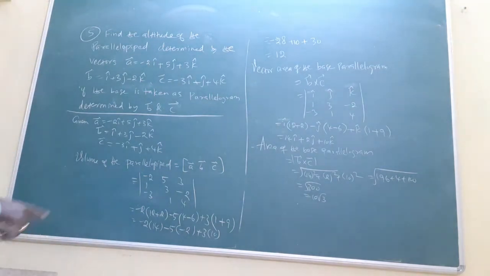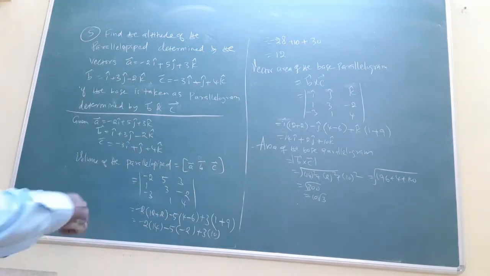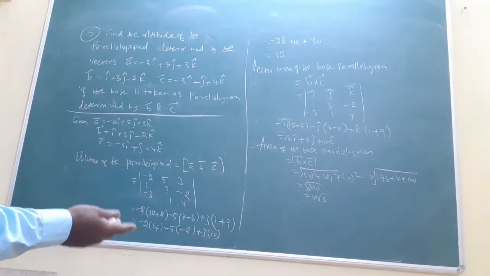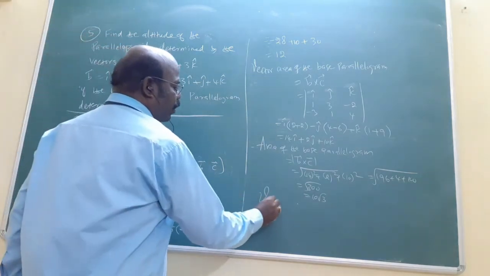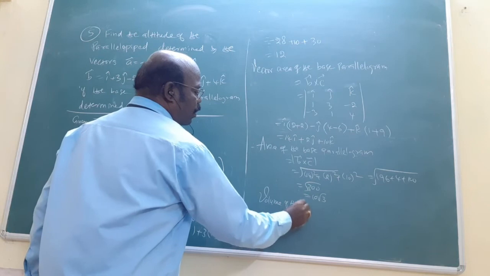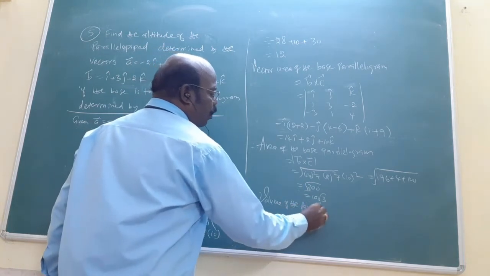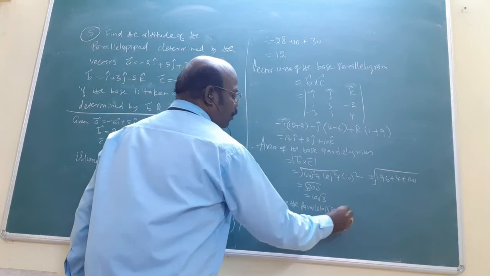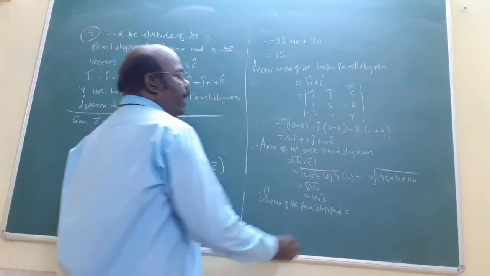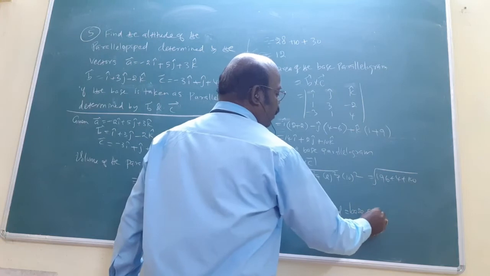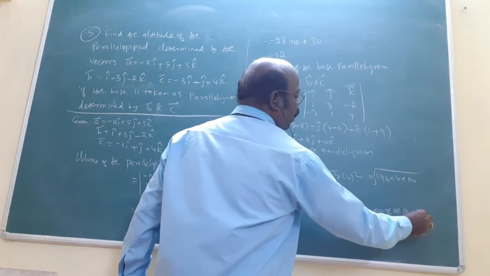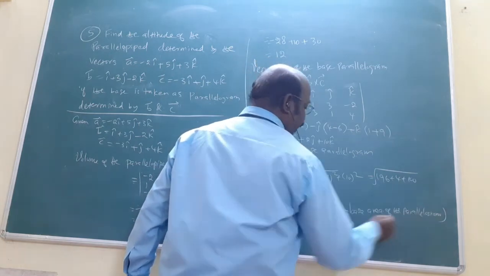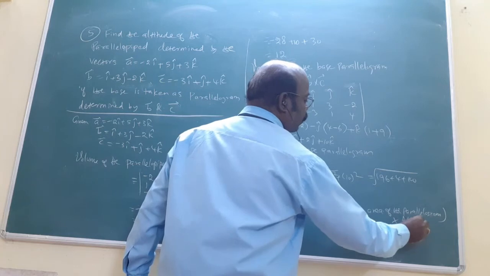Now the volume is found, and the area of the parallelogram is also found. Volume of the parallelepiped, what is the formula? L into B into height, that means base area into altitude. Volume of the parallelepiped equals base area of the parallelogram into altitude.